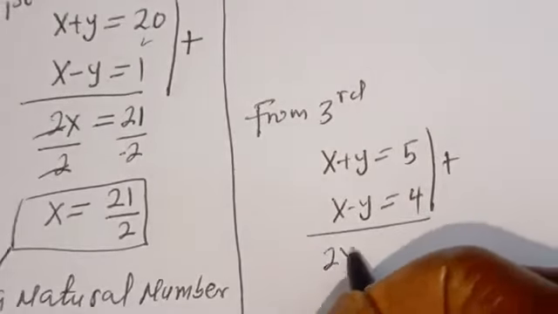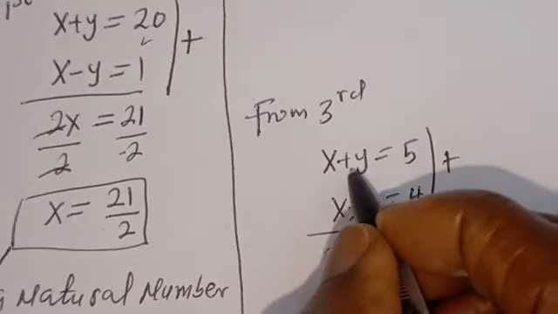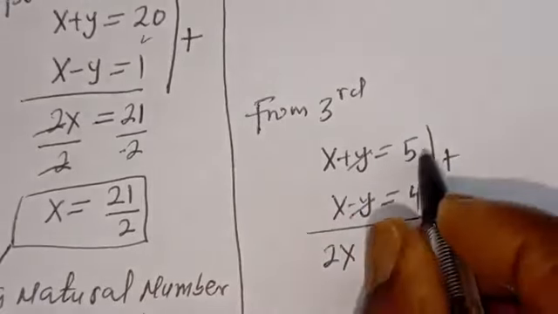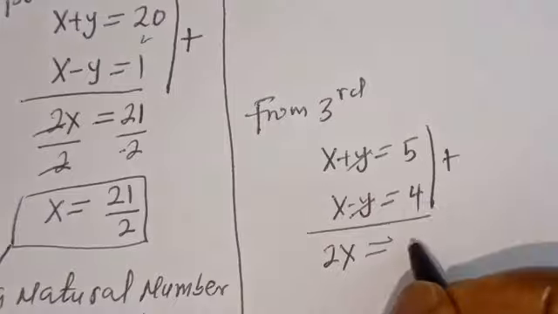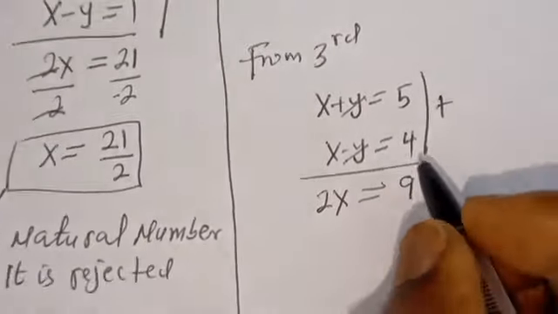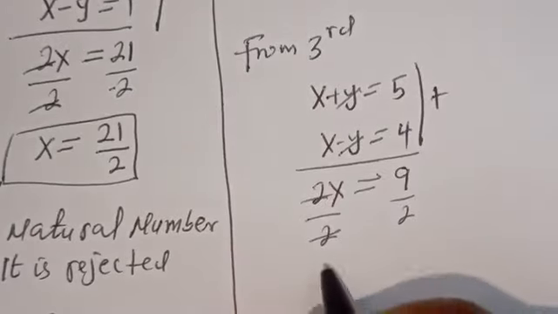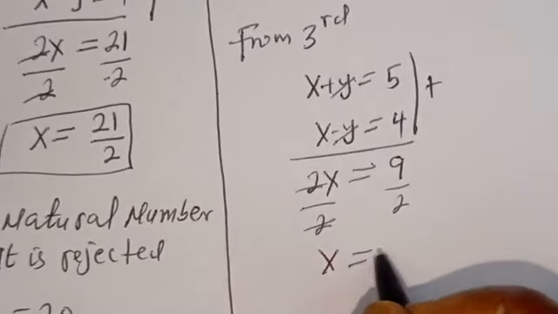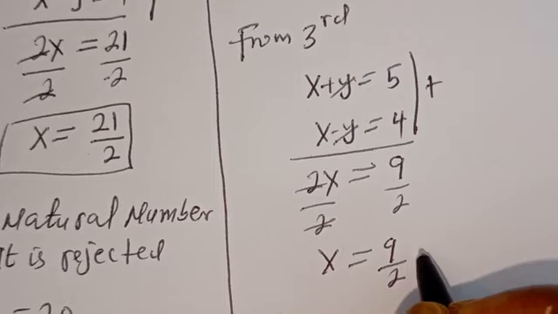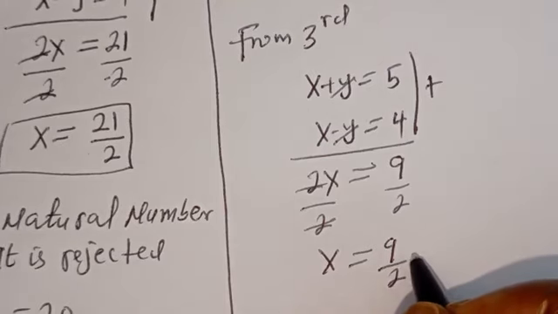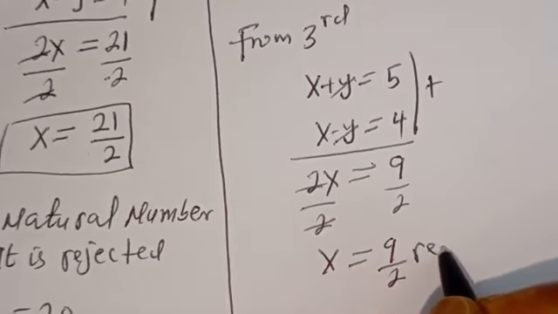This is 2x, and y cancels, is equal to 5 plus 4, that is 9. Then let's divide both sides by 2. x is equal to 9 divided by 2. This is not a natural number and this is rejected.